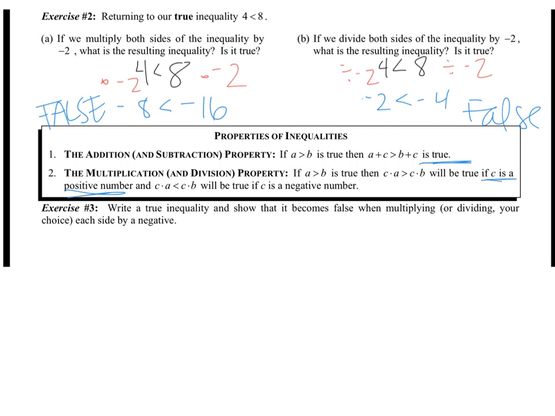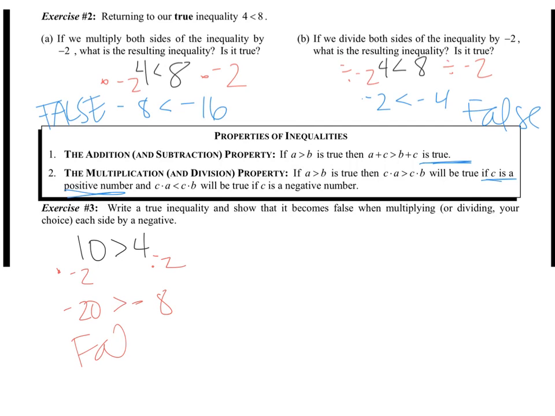So exercise 3 says write a true inequality and show that it becomes false when multiplying or dividing each side by a negative. So we're going to use something different than before. So let's say that I have 10 is more than 4. And let's multiply it by -2. And we see that -20 is not more than -8. That is not true.